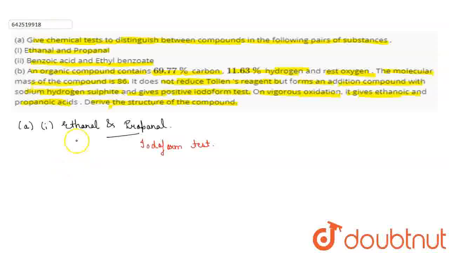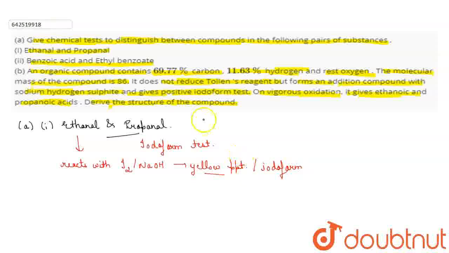Ethanal reacts with I2 and NaOH to give a yellow precipitate of iodoform. But propanal does not react with I2 and NaOH. Clear? Now let's understand this by reactions.